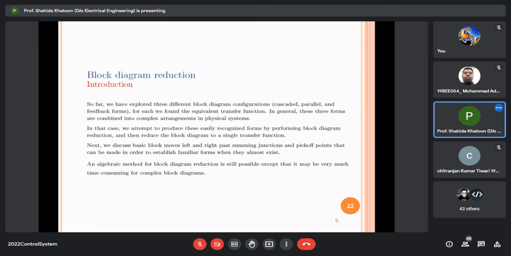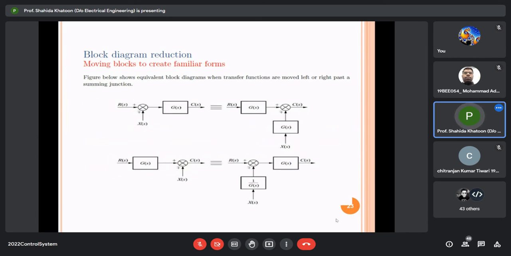Next, we discuss basic operations: move right, move left, pass, summing junctions, pick off points, and other operations which exist in block diagram reduction. So let us take them one by one, moving blocks to create familiar forms. Suppose this is a block diagram in which we are giving R(s) as the input and X(s) as the other input to this summing junction. What we want is to move this transfer function back from this summing point.